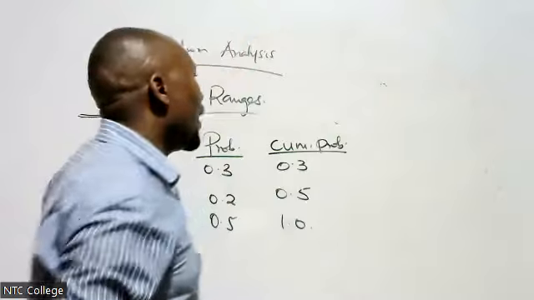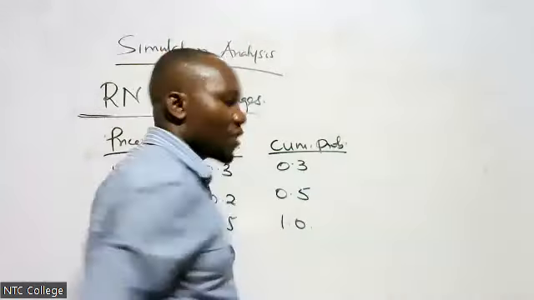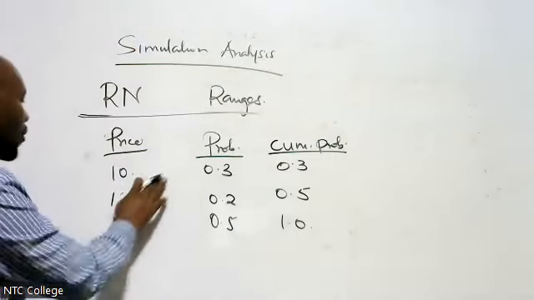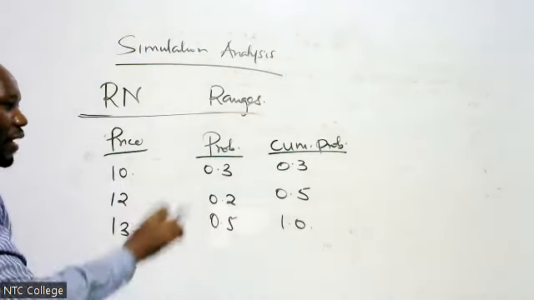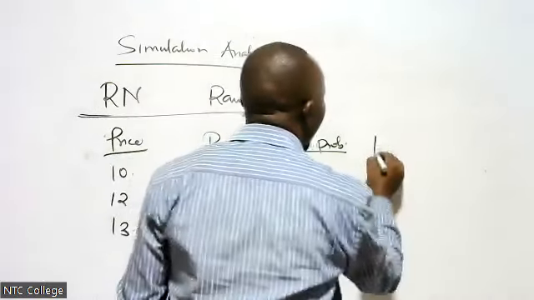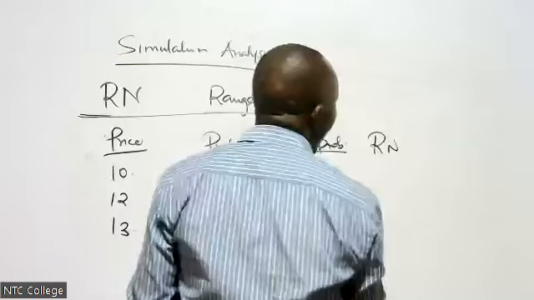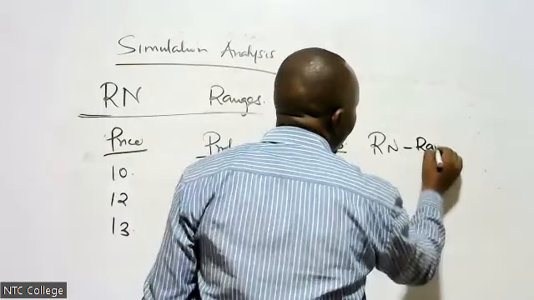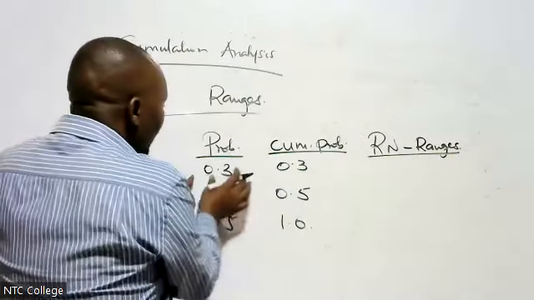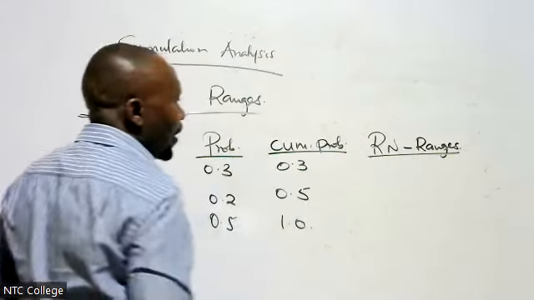So what we are making here is a table that shows the range of the random numbers. Now that we have only one decimal place, it means that our random numbers must also have one digit. So we come to random number ranges, RN ranges. You range them using probability.